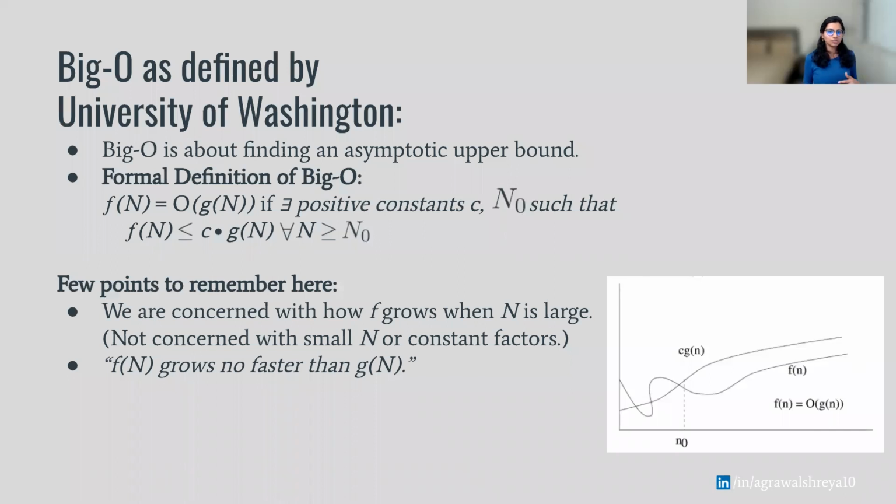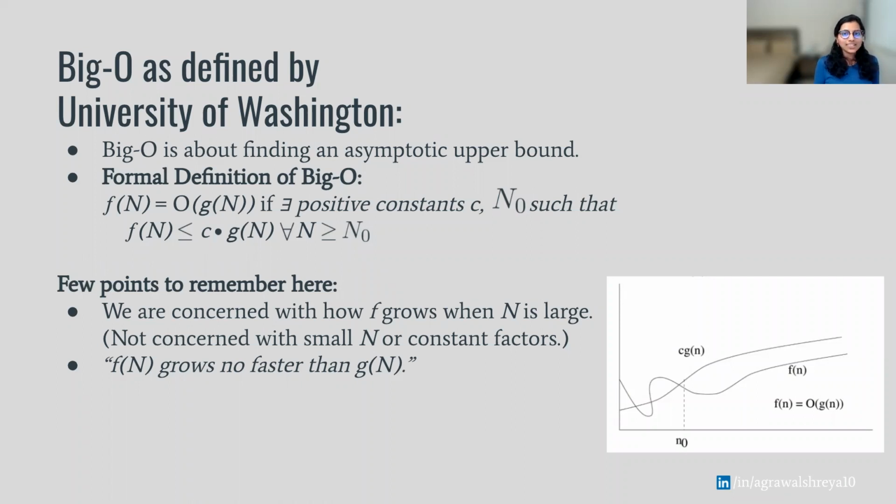All right. Since that was a little bit of a theoretical definition, I have also included one mathematical definition of our big O notation, so we can understand what the terminology big O notation means in terms of mathematics. As defined by the University of Washington, big O is all about finding an asymptotic upper bound.